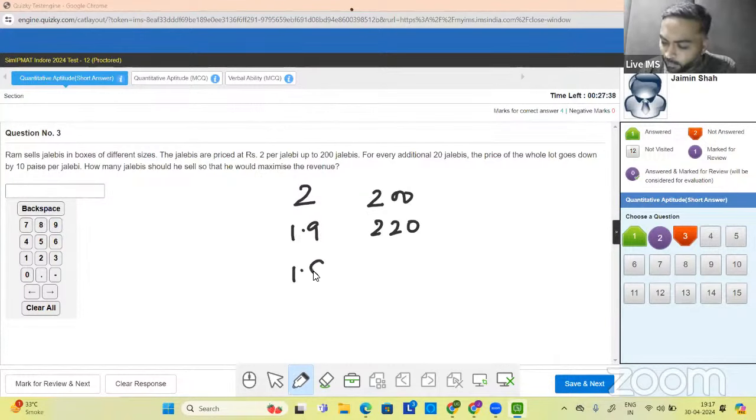It is 1.8 and it goes to 240 and so on. So basically here, the product is 400 rupees at 2 per jalebi. So here the product will be how much?